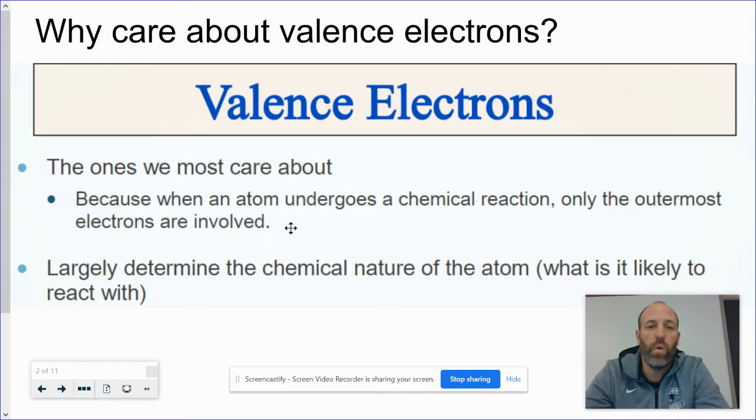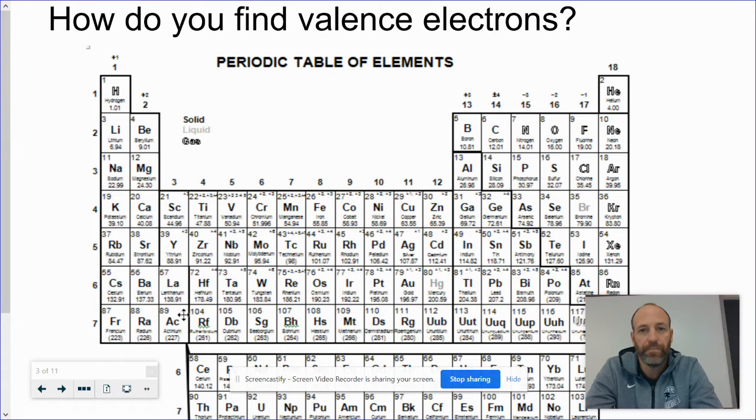So this is why atoms stick together, is they're always trying to either gain, lose, or share their valence electrons. So those are really the important stuff. They determine why metals blow up when you put them in water, like the alkali metals, or the noble gases that don't react are all due to their valence electrons.